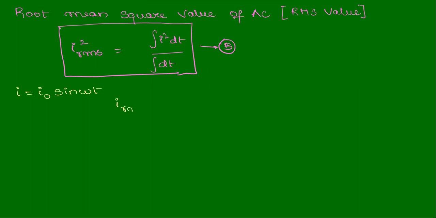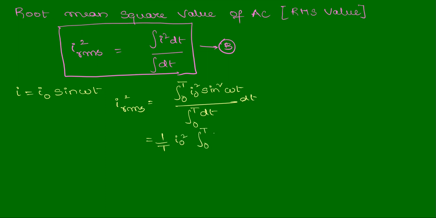So I RMS square will be equal to the integration of 0 to T, I square means I naught square sine square omega t, by the integration of 0 to T dt. So here in the denominator we will have 1 by T. I naught square we can bring outside, integration of 0 to T sine square omega t dt.